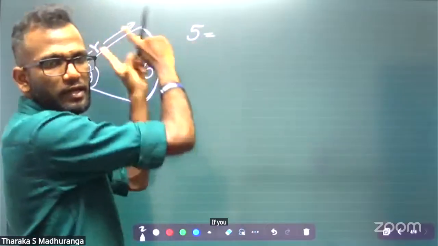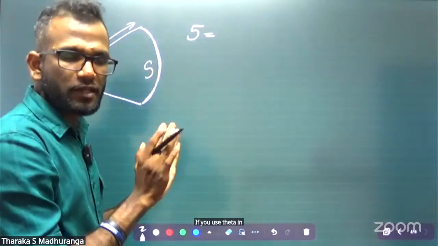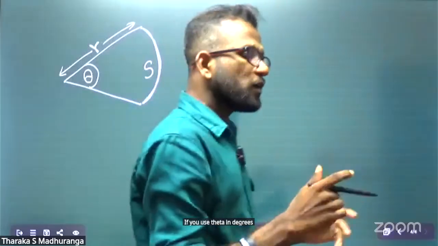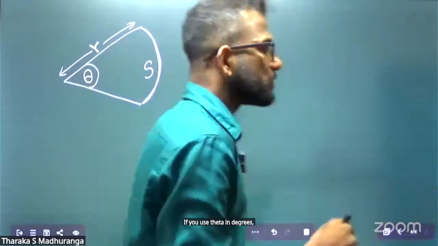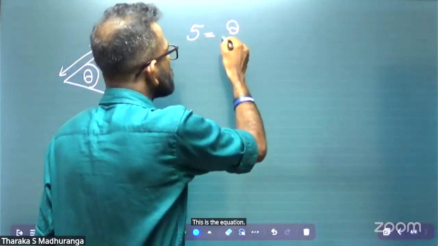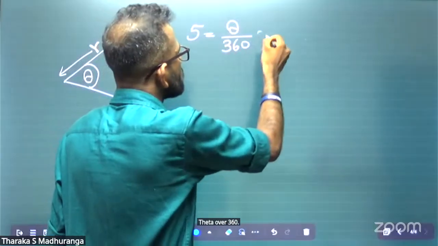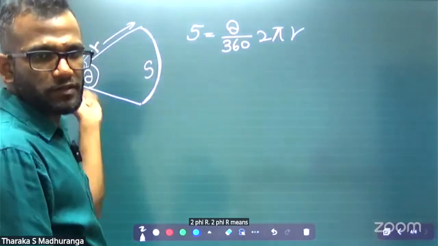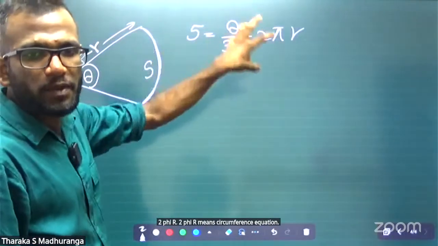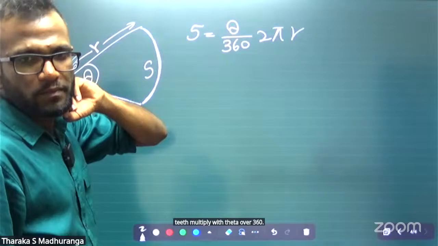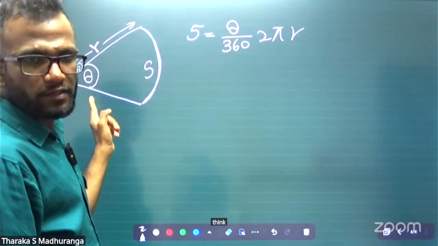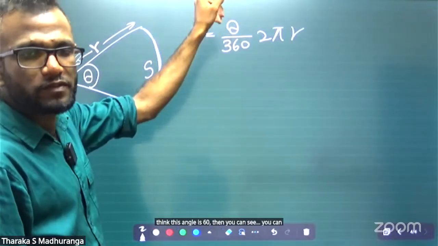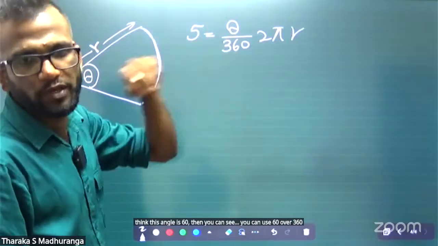If you use theta in degrees, this is the equation: theta over 360 times 2 pi r. 2 pi r is the circumference equation. Think this angle is 60, then you can use 60 over 360 into 2 pi r.